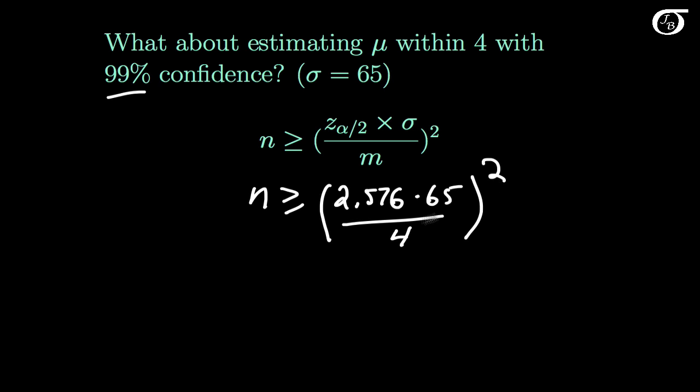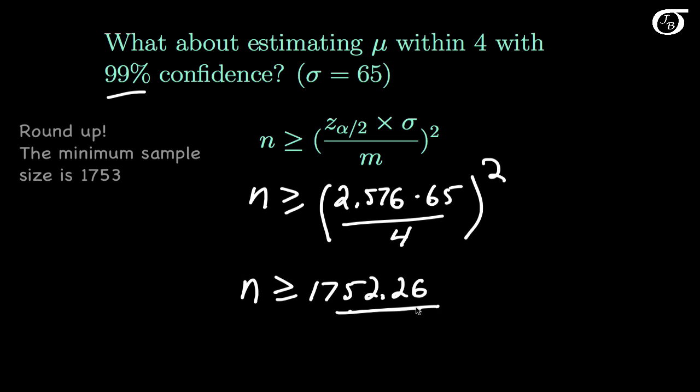We square that, and we find that we need a sample size of at least 1,752.26 observations. But again, the sample size must be a whole number, and so we must round up and say that we would need at least 1,753 observations.